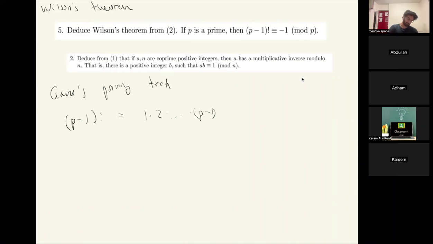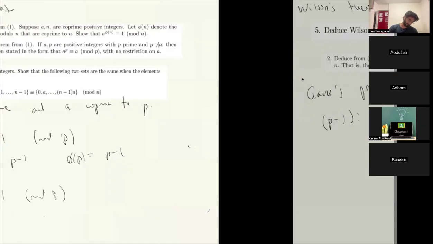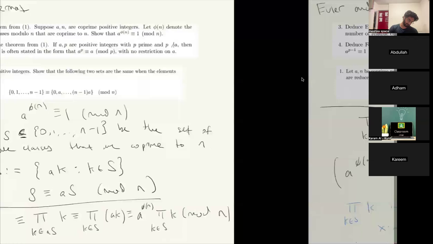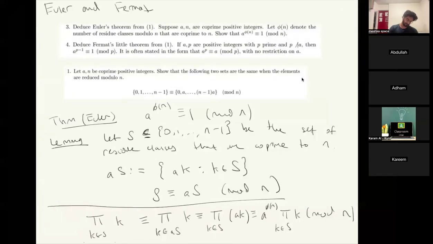Now, I'll make a comment: what are these numbers I'm multiplying? It's the same as this set S from before, right? We had this set S. When n is prime, so when n is P, S is just 1 through P minus 1.